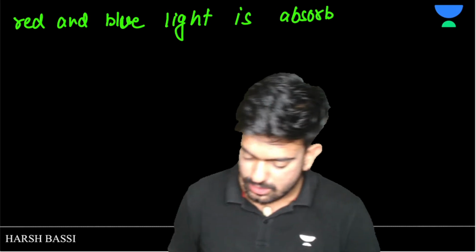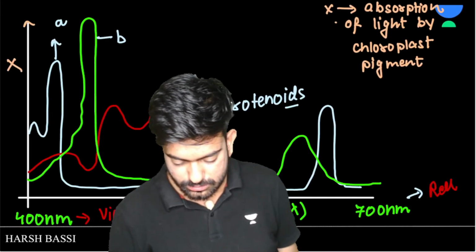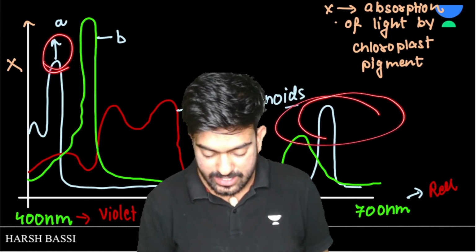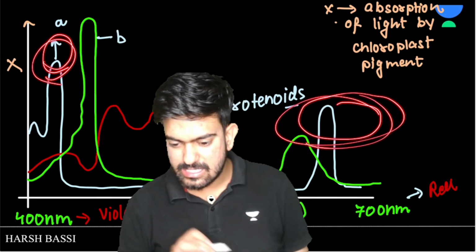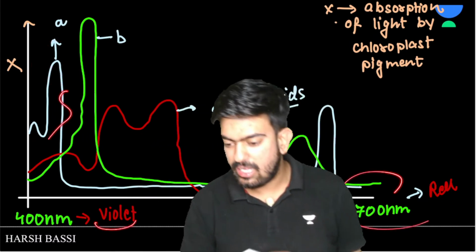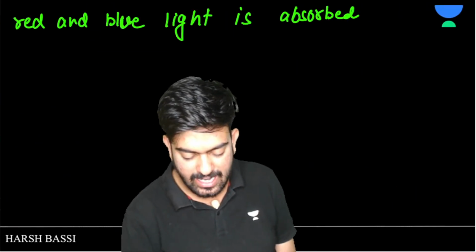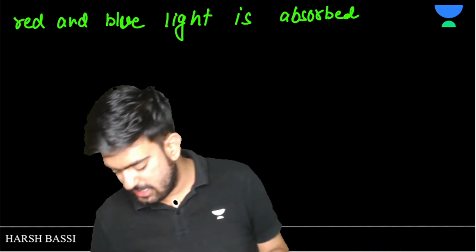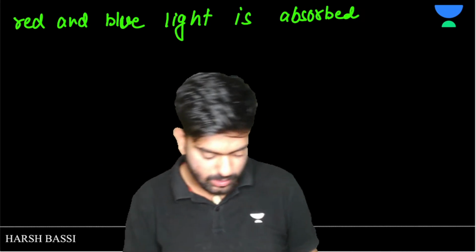Yes or no? This chlorophyll A and chlorophyll, you can see the peak, this and this. The maximum peak is in the blue region and in the red region. So I can say that during red and blue light, they are absorbing maximum. Maximum red and blue light is absorbed. Clear to everyone? Okay, sir.